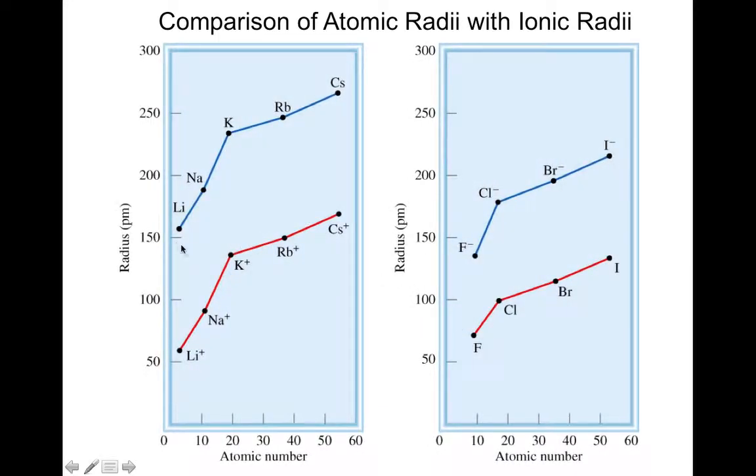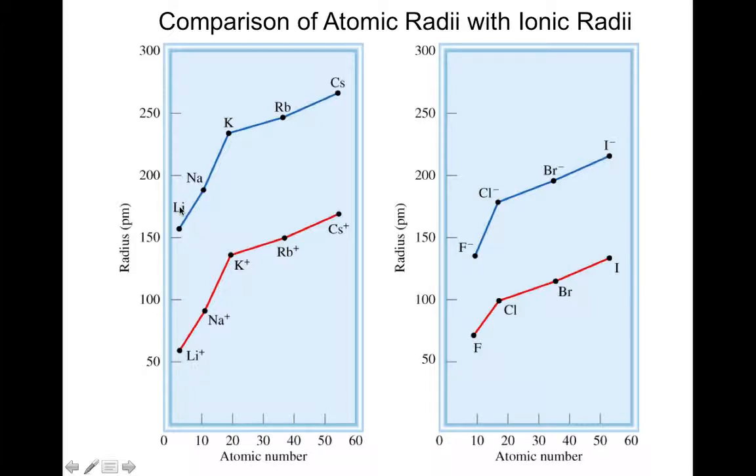Now here's kind of a cool chart. Comparing your atomic radius, so a lithium atom and a sodium atom, with your ionic radius, so a lithium cation and a sodium cation. And what we find is this. When the lithium forms the cation, it gets smaller. Why would it get smaller?